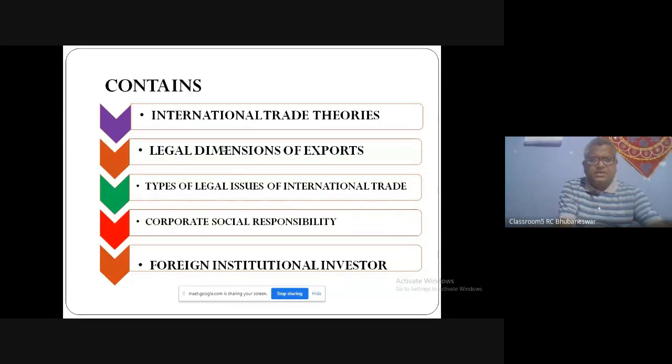Then only do they form new types of blocks, where trade is not restricted by trade barriers. These are called trade blocks, or business blocks, or a joining of hands for a new type of internationalization of their business.